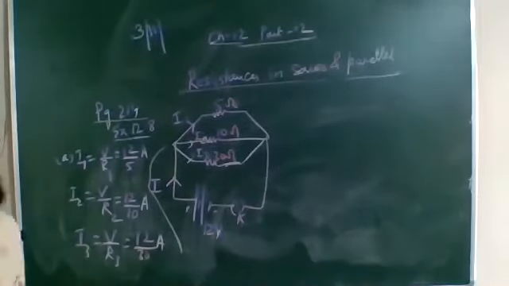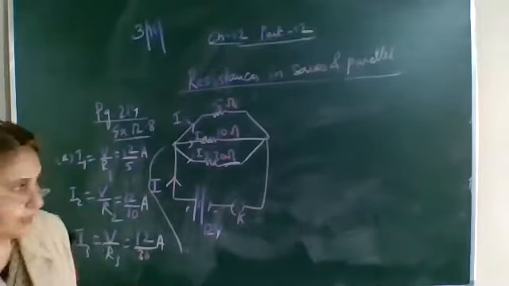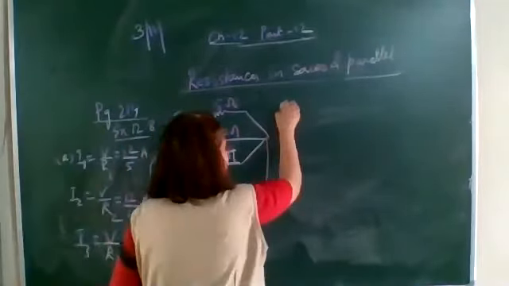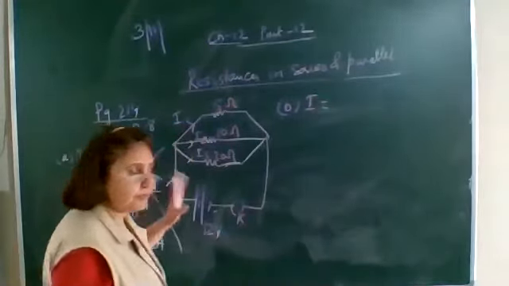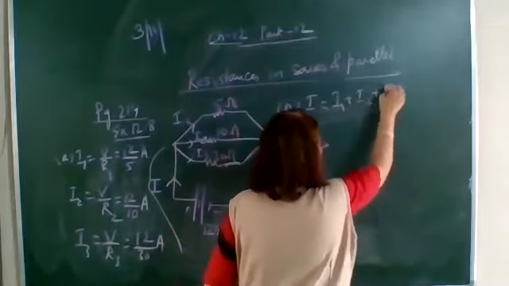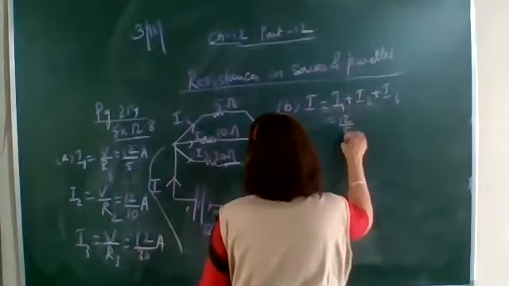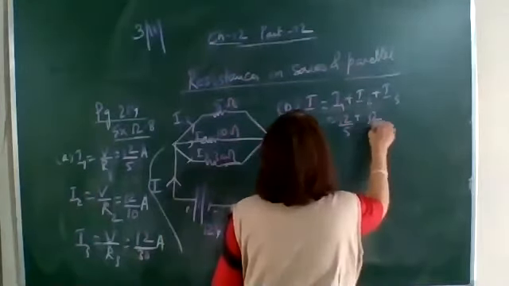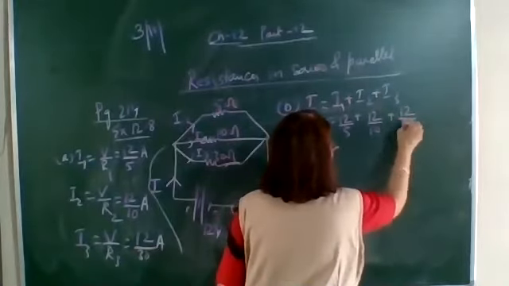Now in part B, you have to calculate the total current in the circuit. We know that the total current in the circuit is equal to the sum of the individual currents, that is I1 plus I2 plus I3. I1 here is 12 by 5, I2 here is 12 upon 10, I3 here is 12 upon 30.